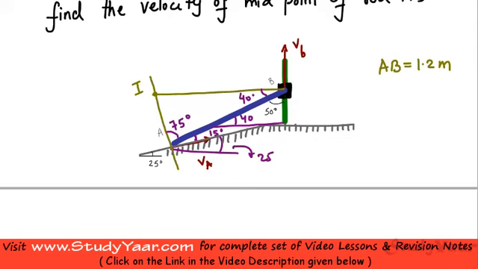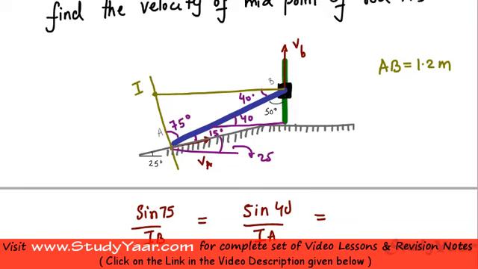For example, let's say sine of this angle upon the opposite side, which is IB, is equal to sine of this angle upon the opposite side, which is this, which is equal to sine of this angle.